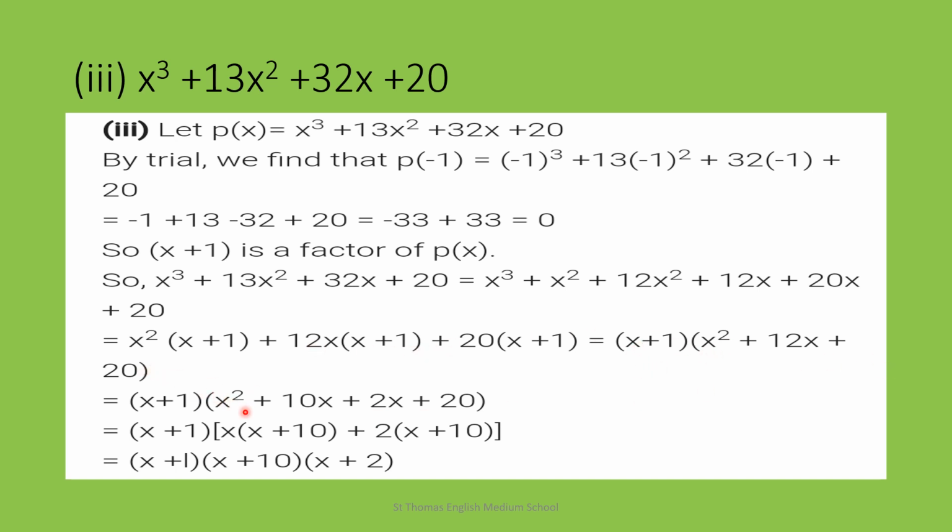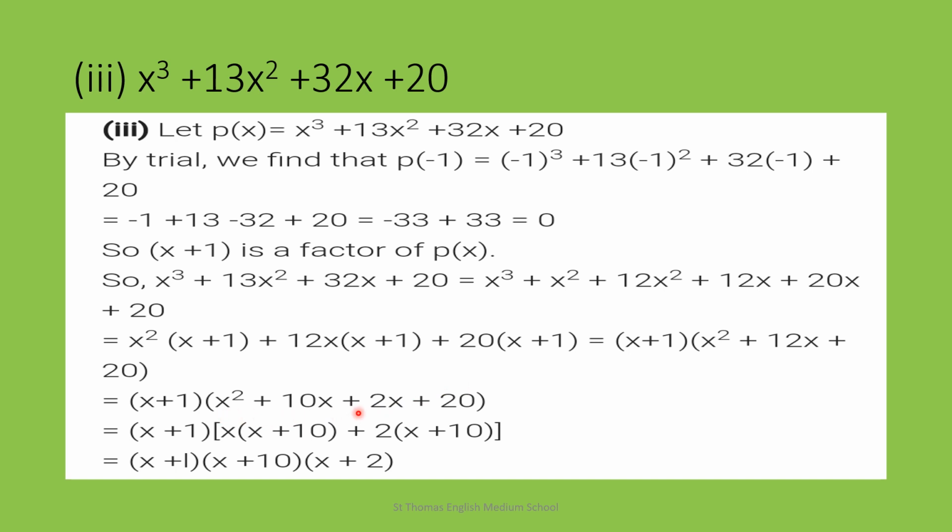Now x square plus 12x plus 20 is a quadratic polynomial. So you can factorize it by splitting the middle term. That is, take two numbers such that the sum of the two numbers is 12 and the product is 20. So you can take the factors as 10 and 2. So by splitting the middle term you have x square plus 10x plus 2x plus 20.